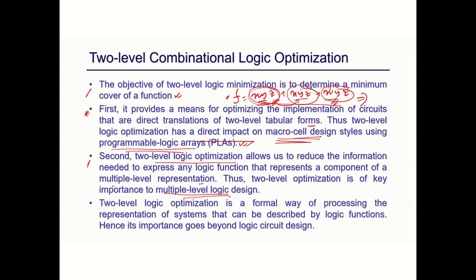If we know the two-level minimization methodology, and some parameters can be minimized at two levels, then automatically the multi-level will also be reduced, and we are able to find the domain where no further minimization is possible. So we can look into different parameters so that further minimization is possible in the case of multi-level. Is this point clear to everyone?